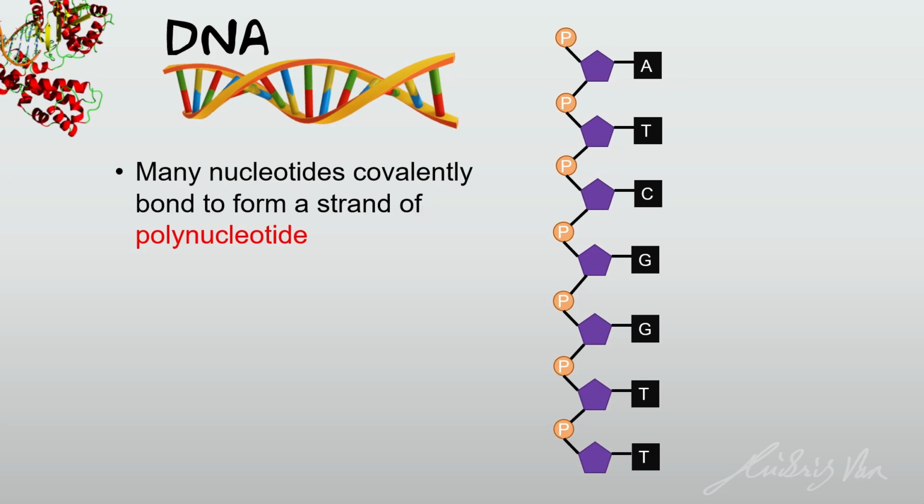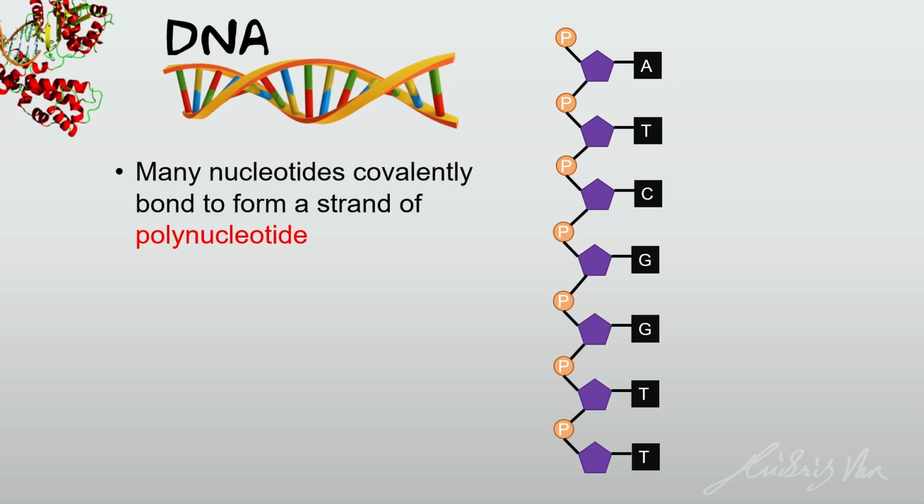A very creative name. No one would have thought that many nucleotides would be called polynucleotides. Do you have to know that it is a covalent bond? Not really. But since you probably have learned covalent bonds in chemistry, why not use it? So many nucleotides will covalently bond to form a strand of polynucleotides.